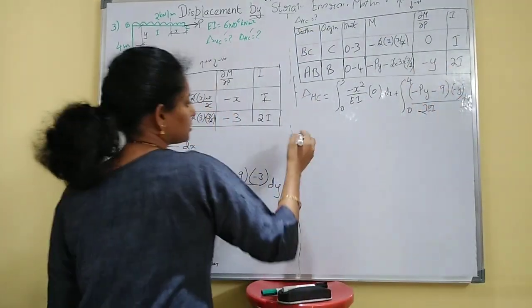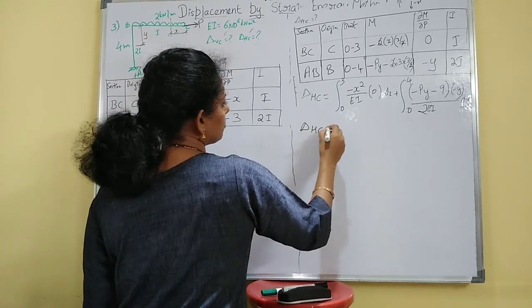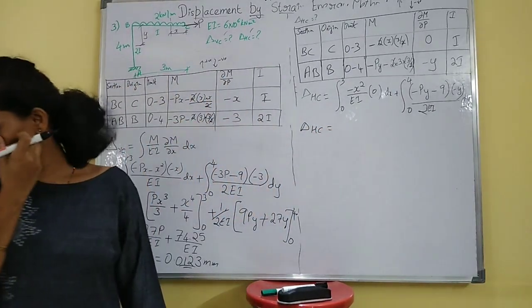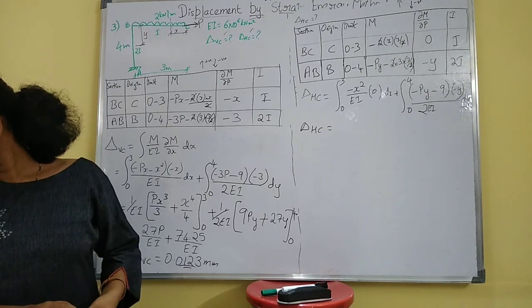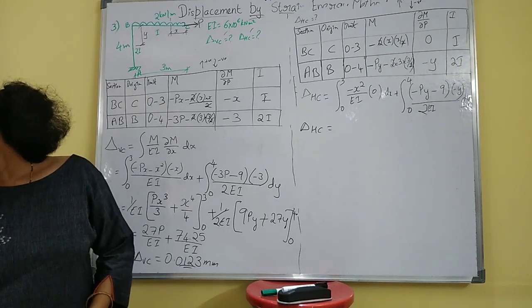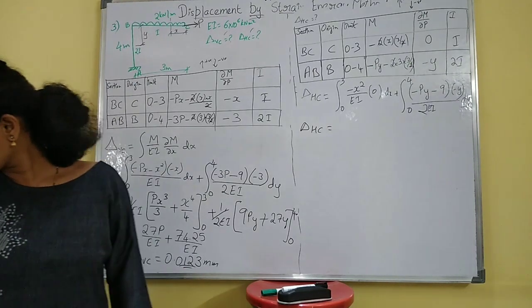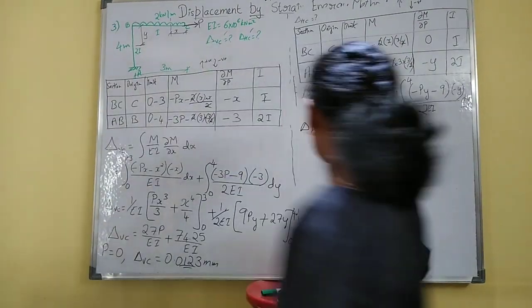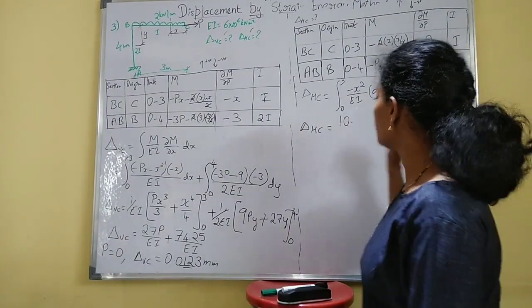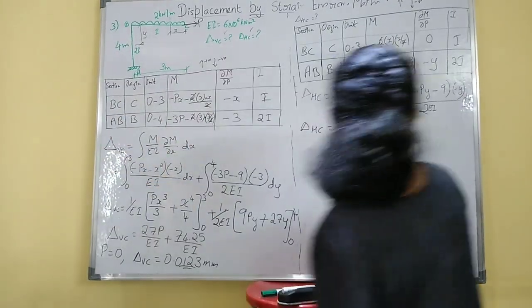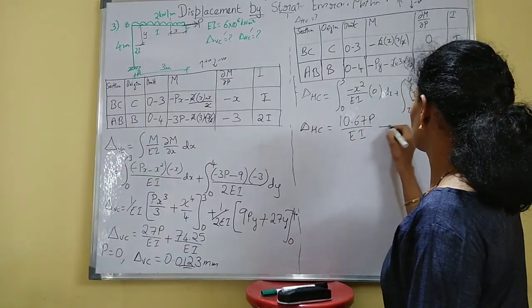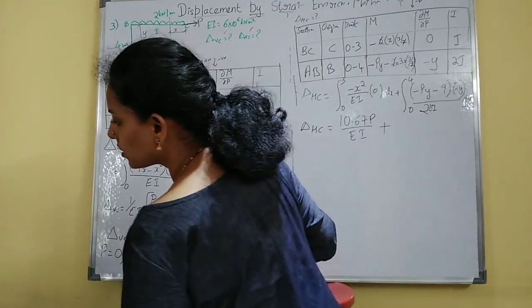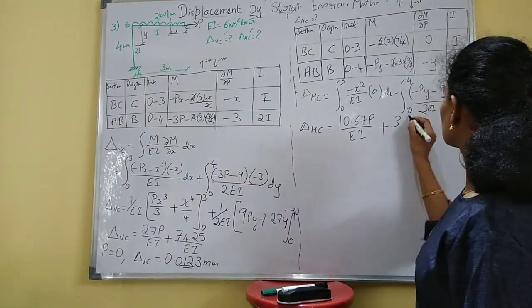With 2EI, integration. So delta Hc, just substitute it. After integration of everything, you will have delta Hc as 10.67 P by EI plus 36 by EI.